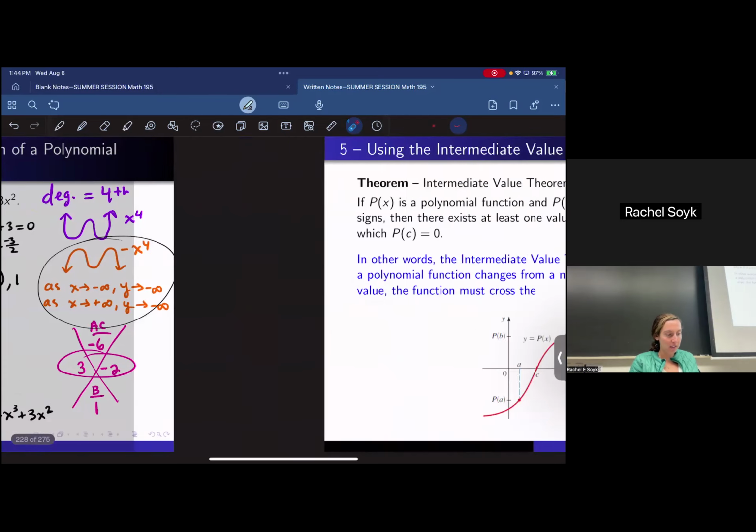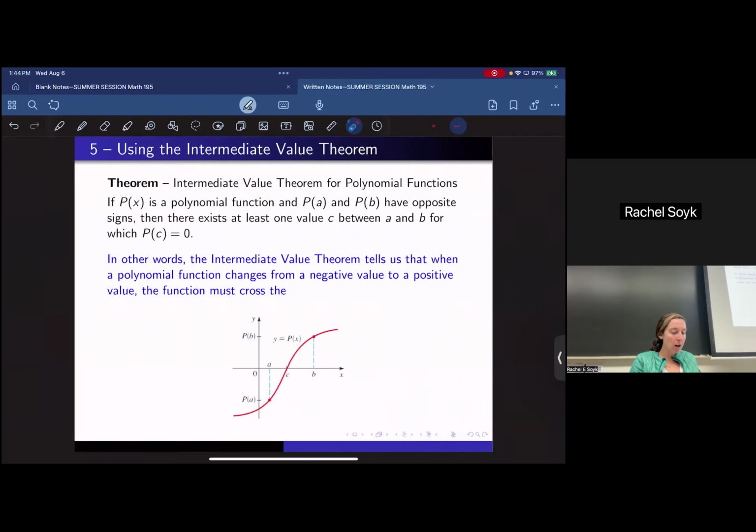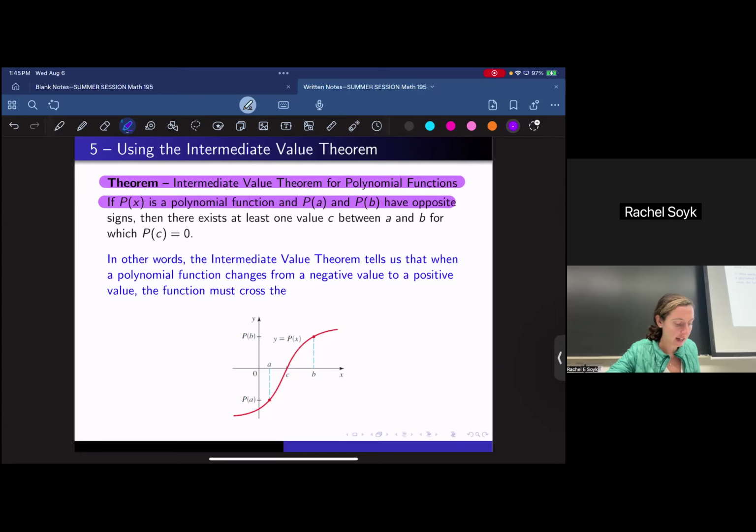All right. We're finally on to our last objective for today, which is using the intermediate value theorem. Very, very important theorem. And so I'll actually read this one too. Some people abbreviate it as IVT, so I'll put that in parentheses.